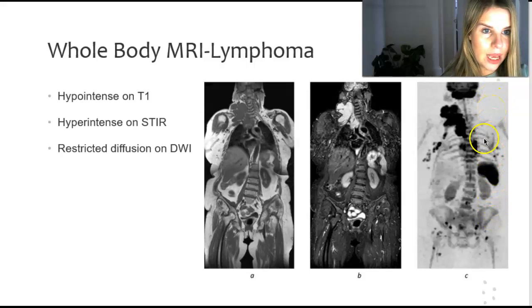So we invert them and we can see that there are areas of restricted diffusion, which show as really dark areas that correlate with the lymph nodes on the STIR and the lymph nodes on the T1. So there's restricted diffusion here, there's restricted diffusion down here in the groin lymph nodes. So that would be highly suspicious of lymphoma, and a biopsy would be taken to determine what type of lymphoma.